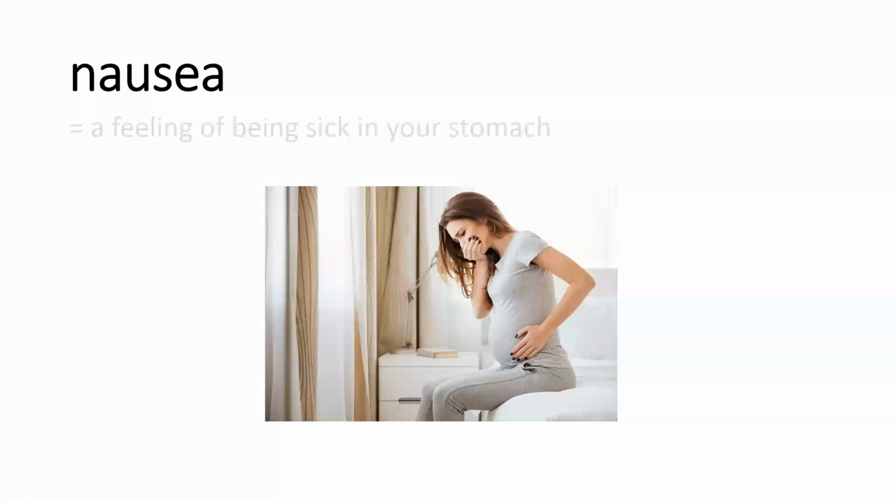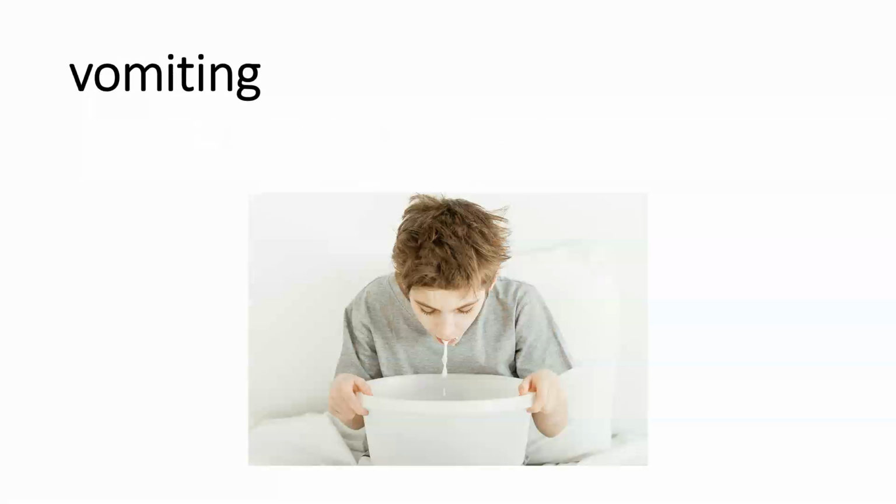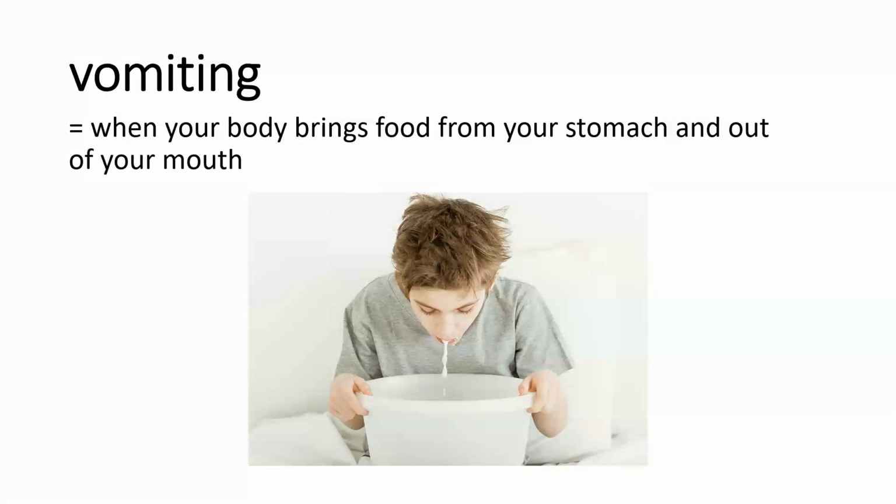So nausea is a feeling of being sick in your stomach. If your stomach doesn't feel right, your stomach feels like it's moving around, like your stomach doesn't feel good, then that's nausea. You have nausea. Vomiting is when your body pushes food from your stomach and out your mouth. When your body pushes food out, that's vomiting.